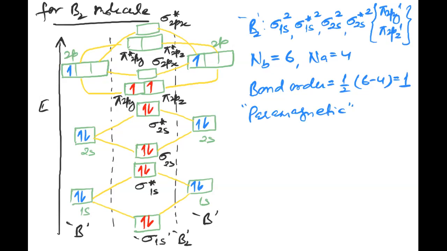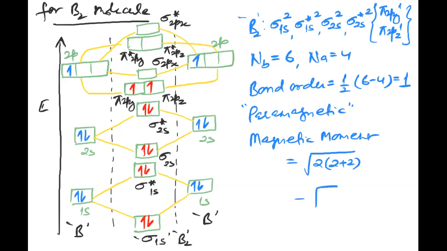For its magnetic moment, in total there are two unpaired electrons, so it is root of n into n plus 2, which is root of 2 into 2 plus 2, root 8 Bohr magneton, or 2 root 2 Bohr magneton.